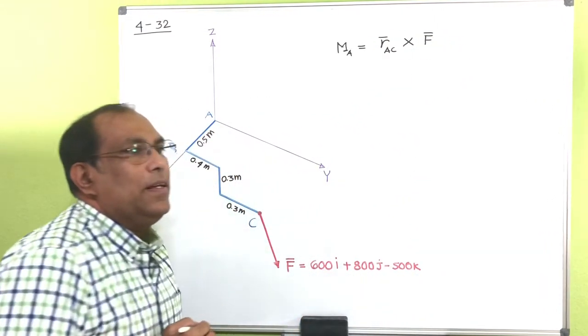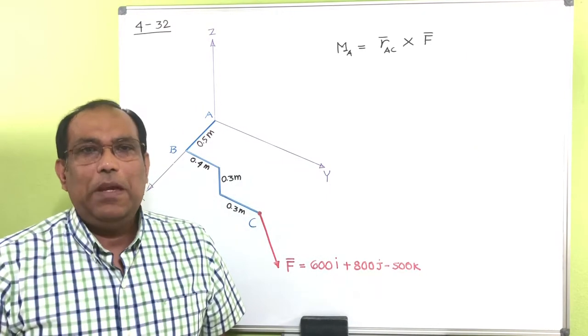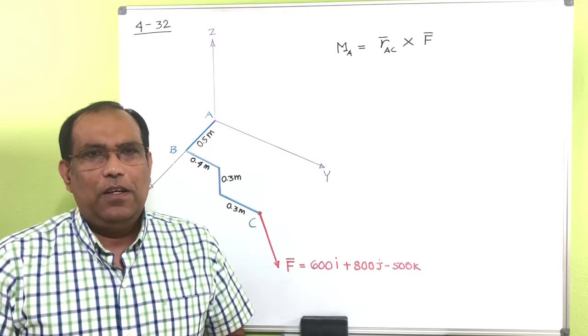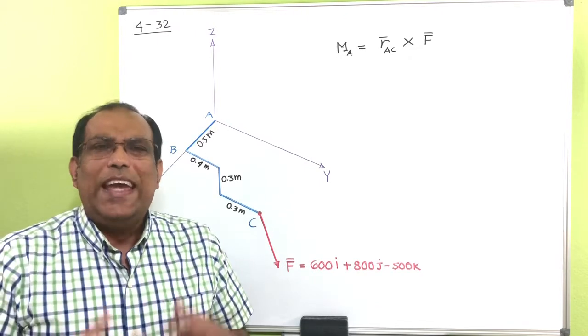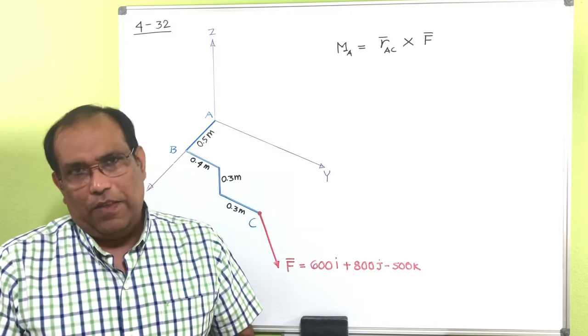The position vector AC means any position vector from point A to any known point on the line of action of the force.